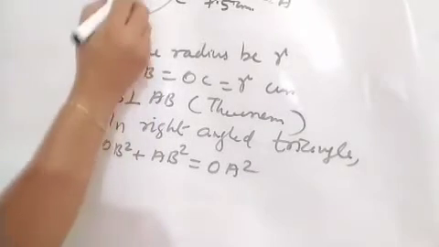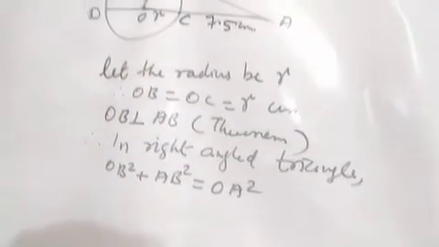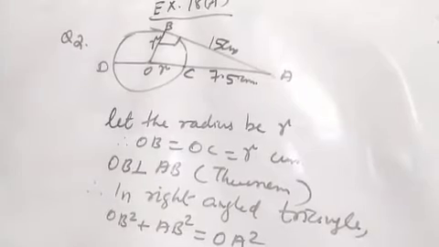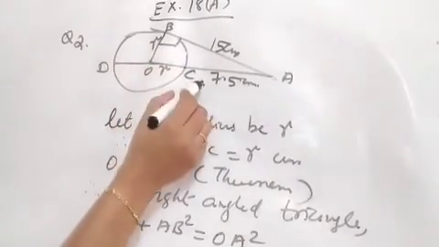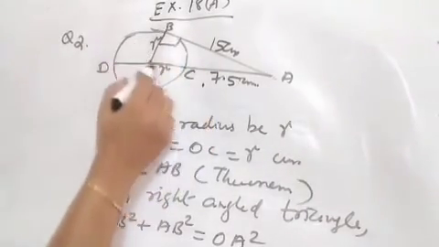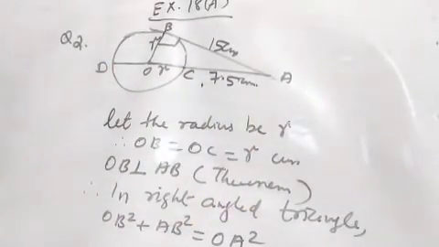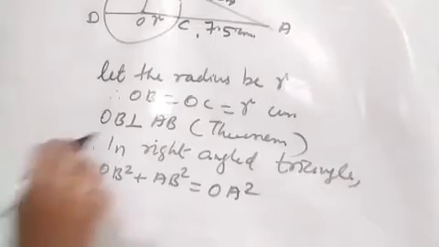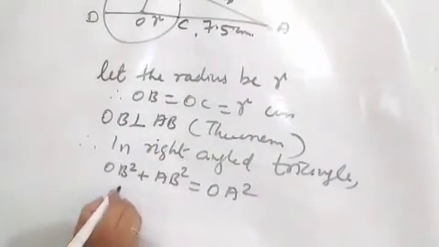Here we know that right angle is angle B. So side opposite to right angle is always the hypotenuse. So this is the triangle OBA. So OA is the hypotenuse. Now we don't know the total length of OA. So we have to replace the values.